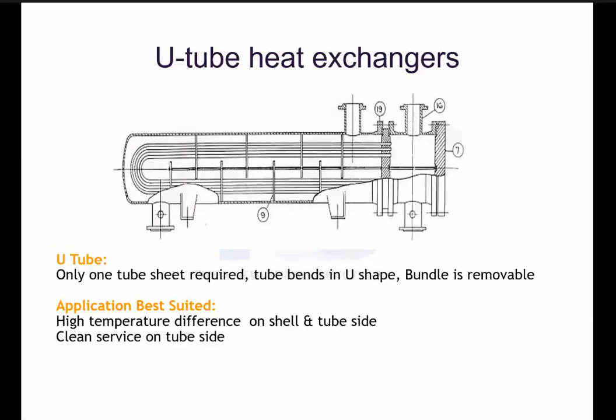In the first case, you cannot use fouling fluid on the shell side. Here, you cannot use it on the tube side because the material can foul and plug the tube. So if the tube side fluid is dirty, we cannot use it.